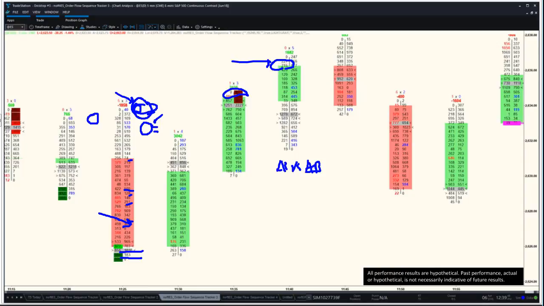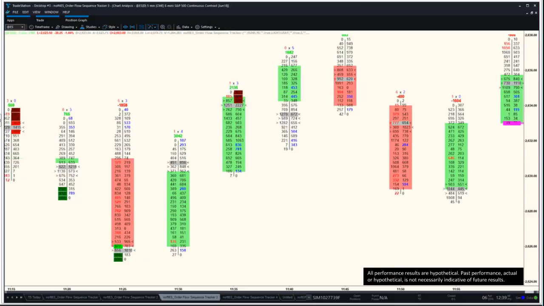Again, this gives us a snapshot of the entire candle. It tells us how much more aggression was actually happening on that bar. So on balance, there was 1,858 aggressive selling going on this bar.